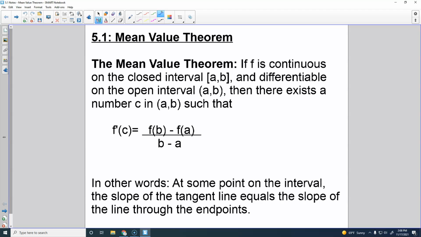Okay, sounds like nonsense. So f prime of c is the derivative, so that is the slope of f at c.